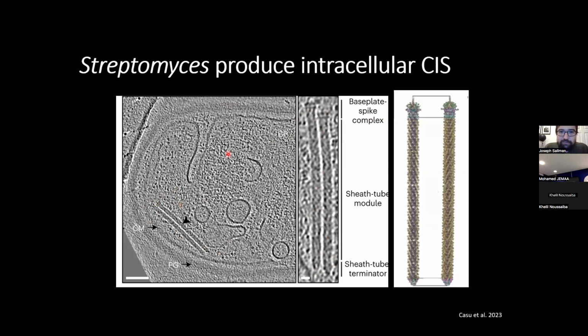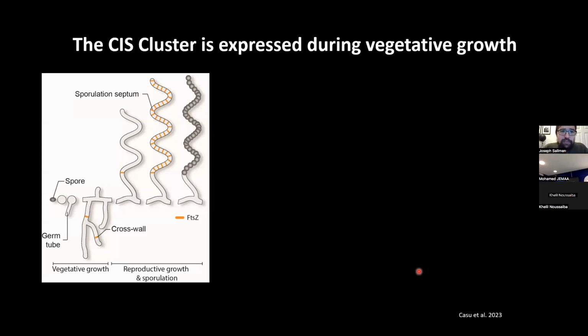And using subtomogram averaging, you can make these fancy models, and we can actually see and map each individual protein into this. And there are 60 layers of sheath and tube proteins here that show us we can see each individual component. And so the question then is, when is the cis cluster expressed?